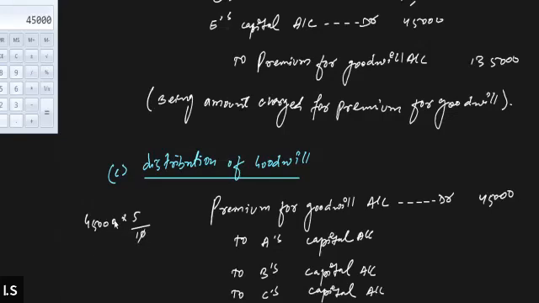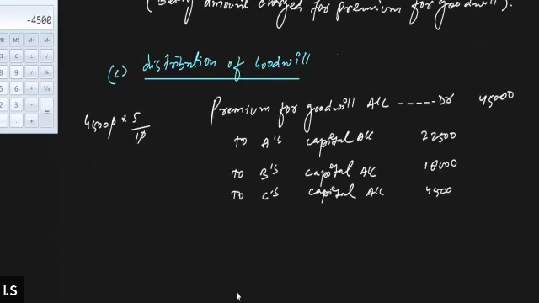So it will be 4,500 into 5, 22,500. Then 18,000. And the remaining will be 4,500. Got it, everyone? Is this clear? Yes or no?